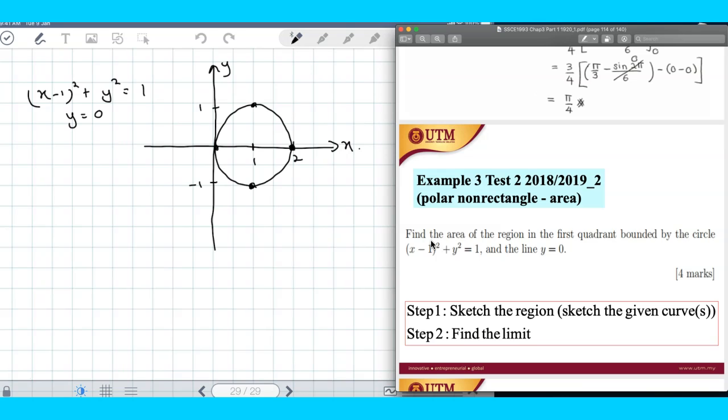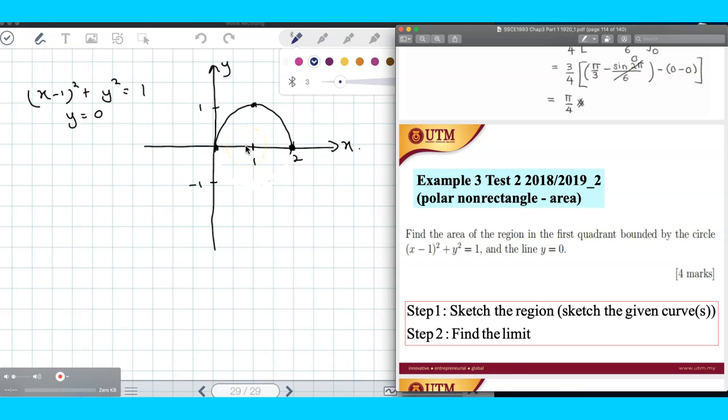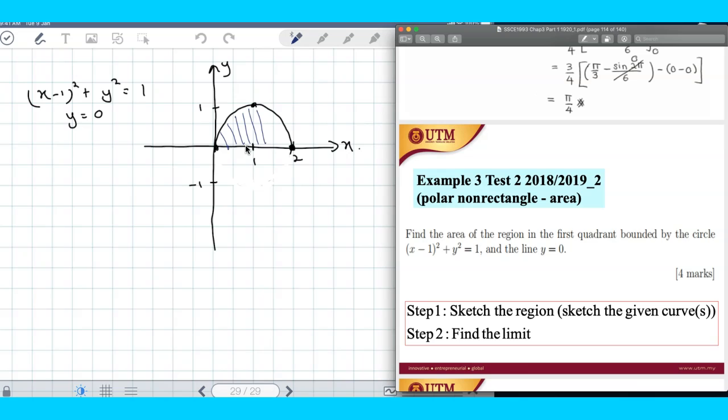Because we want the region only lying in the first quadrant, we have to eliminate this part. So now we have the region bounded by the circle and the x-axis. The region that we have is lying inside here.